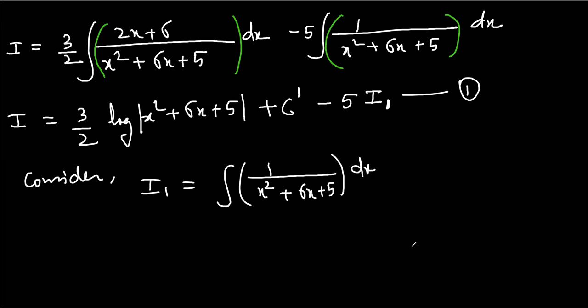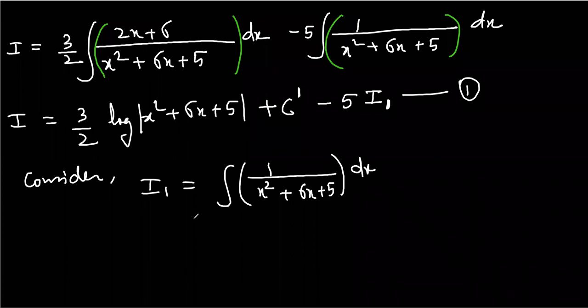How will you integrate this? I1 is 1 upon a quadratic. Since the coefficient of x square is already 1, we take half of the coefficient of x, which is 3, and the square of that is 9. So I will add 9 and subtract 9, which is the proper last term.